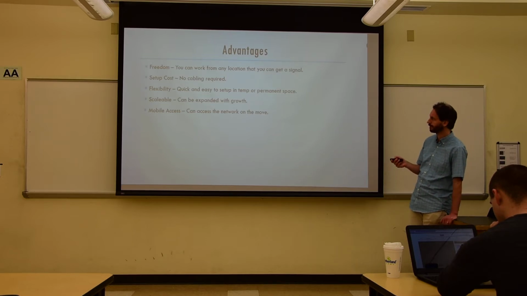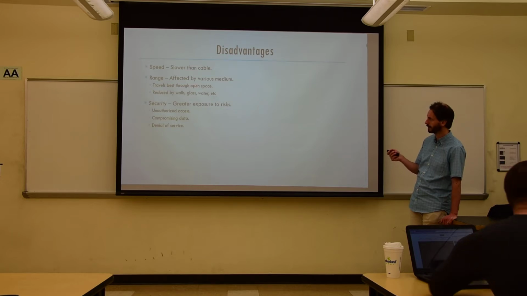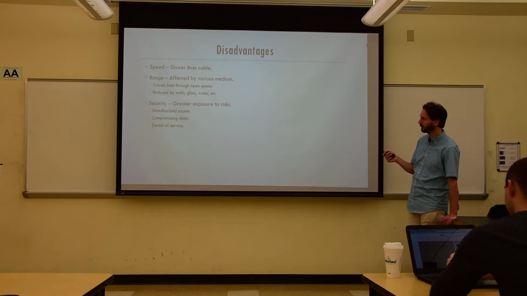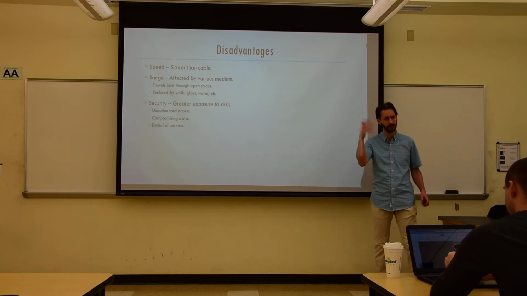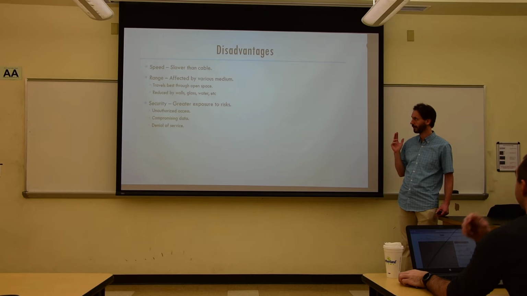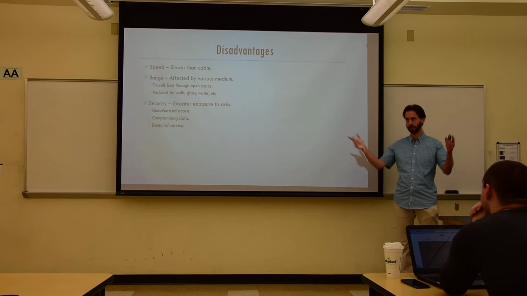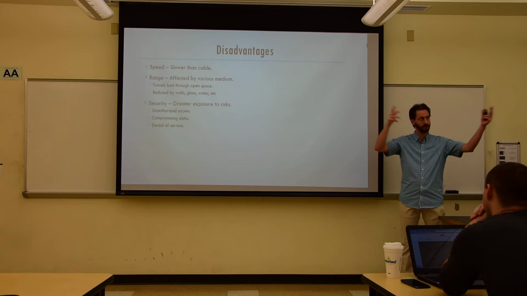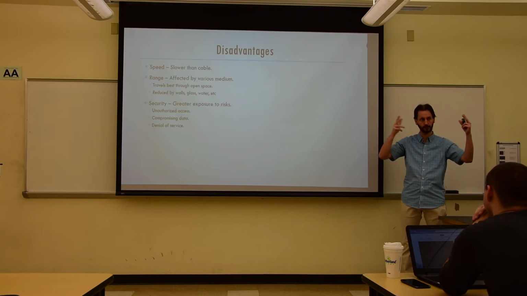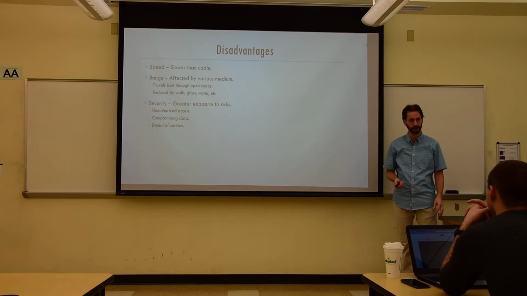Okay, so disadvantages: the speed is slower than a cable. The range is affected by various medium. That's kind of interesting. It travels best through open space. It's reduced by wall, glass, water, etc., because you get reflections actually. And also, if you, for example, are in a car, then the reflections from the building would come to you as well as your speed, and you get what we call a Rayleigh fading channel. I don't know whether you've heard of that.